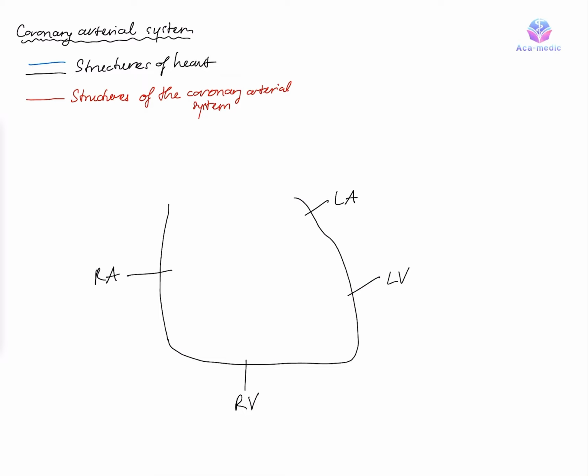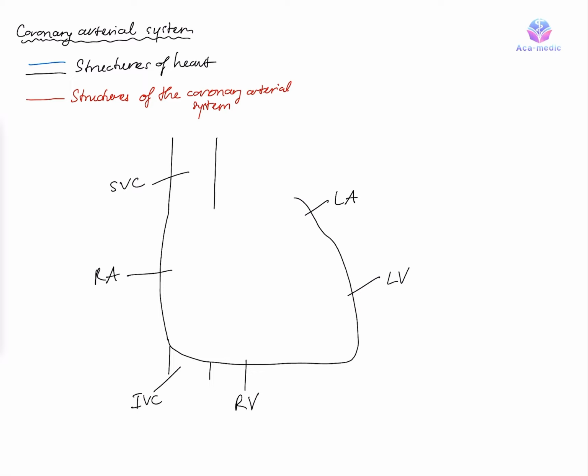Okay, and so now that we have the overall silhouette of a heart, let's draw some of the main vessels that attach to this silhouette. Number one, you have the superior vena cava that is going to be connected to the right atrium up here. So this is SVC. Then you're going to have one more on the inferior side, the IVC, that is going to be connected to the right atrium from the inferior side upwards, right?